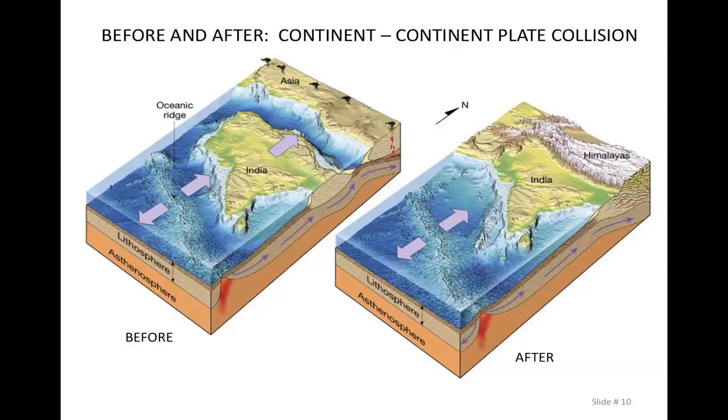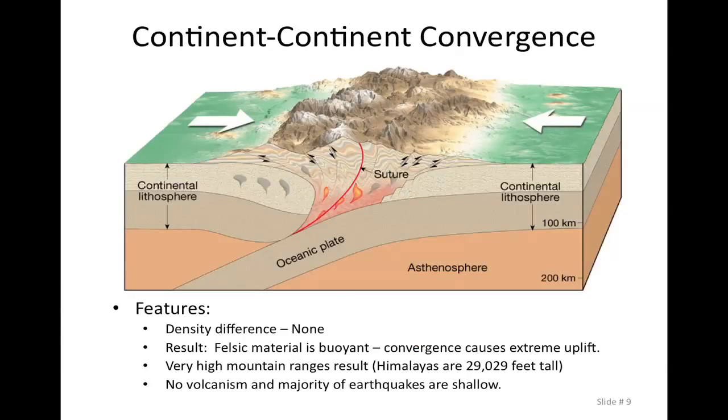All right, let's go back to the previous slide now and take a look at the features we find here. For continent-continent convergence, we have basically extreme topography in the way of very, very tall mountain ranges being built. The Himalayas are our only example of active continent-continent convergence today.